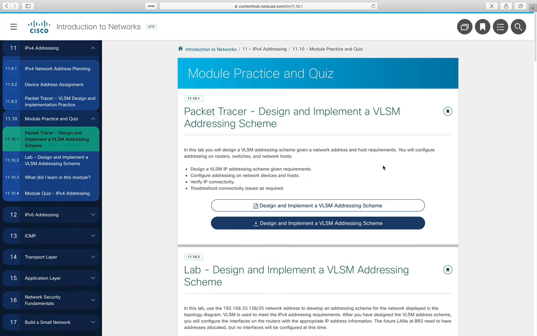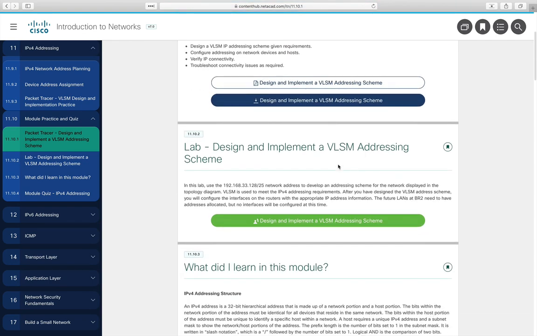First thing it does is it starts with another Packet Tracer. It is on variable length subnet mask again. I probably will be assigning that, so watch for that to appear in Blackboard. Down here we have a lab, which is basically the same as the 11.10.1 Packet Tracer.